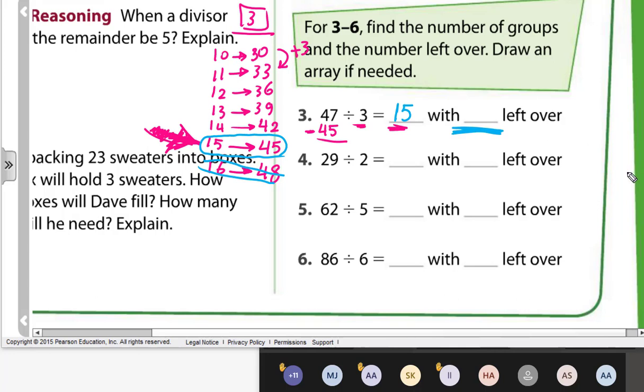Yes, Adam? 2. Right, because 7 minus 5 equals 2, and 4 minus 4 equals 0. So we have 2 left over. Thank you, Adam. Great work. Let's move to the next question.